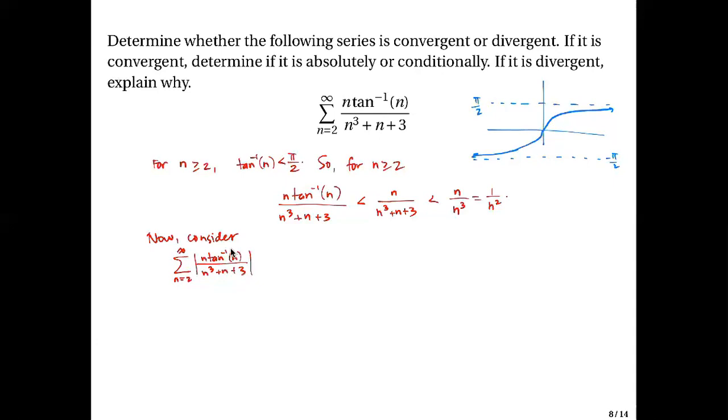And take note that this guy here is always positive, so the absolute value has no effect, since the terms are positive. So you're basically calculating this series also. But anyway, this is less than the series 1 over n squared from 2 to plus infinity.